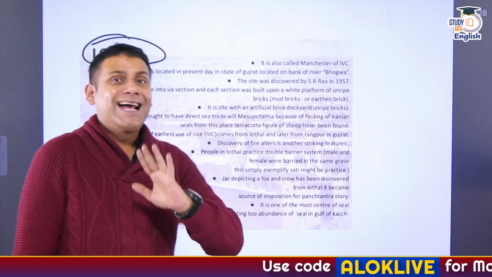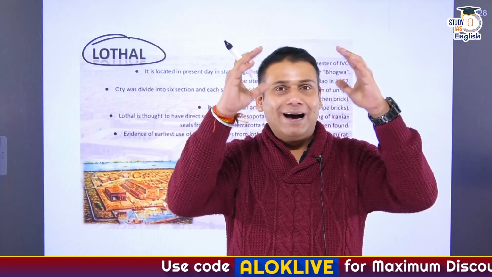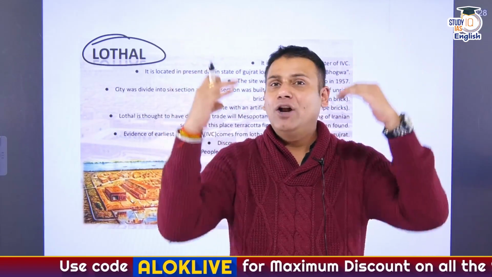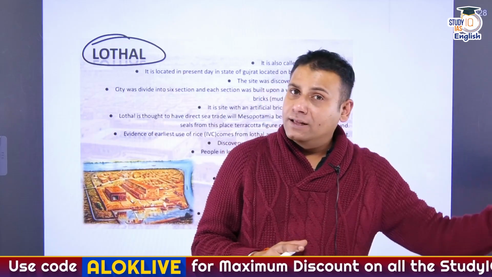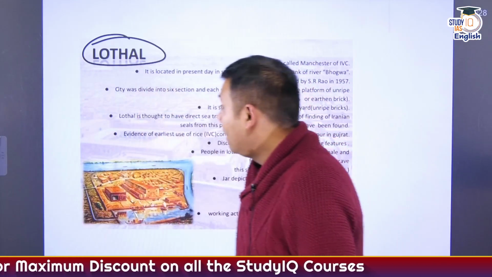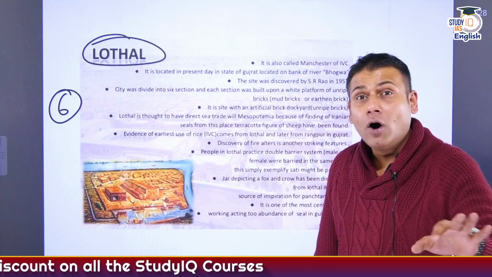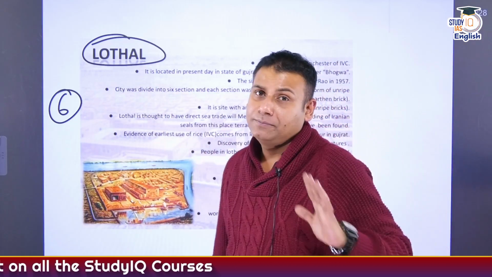Apart from this, as we have discussed, in general, the Indus Valley cities were divided into two parts: upper town and lower town, also referred to as upper citadel and lower citadel. We have seen the site of Dholavira, it was divided into 3 parts, upper, middle and lower. But the site of Lothal was divided into 6 parts and all the parts were made of unripe bricks.